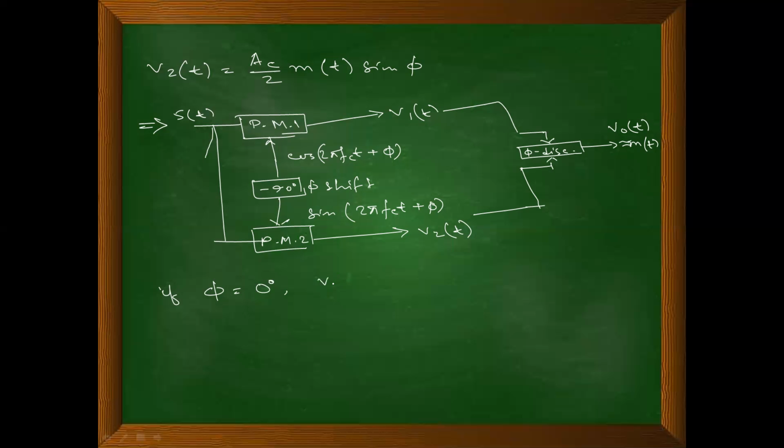So phi equal to 0, we have two equations, V1(t) equal to Ac by 2 m(t) cos phi.